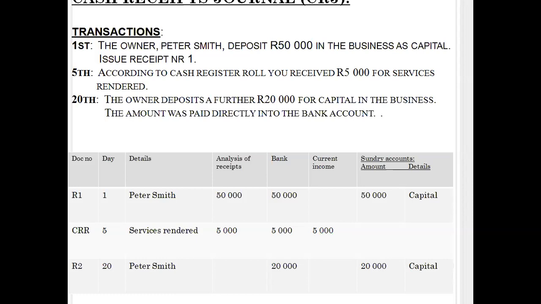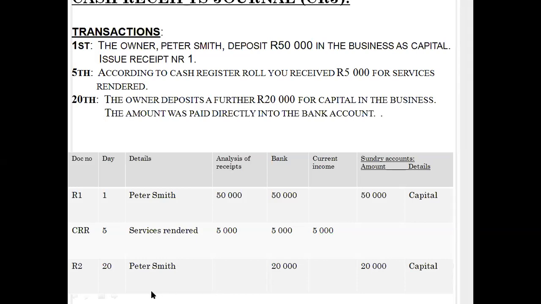On the 1st, the money was paid at the business, so therefore the 50,000 was with analysis of receipts. What happened on the 20th? The amount was paid directly into the bank account. So the 20,000 went directly to bank, nothing with analysis of receipts.